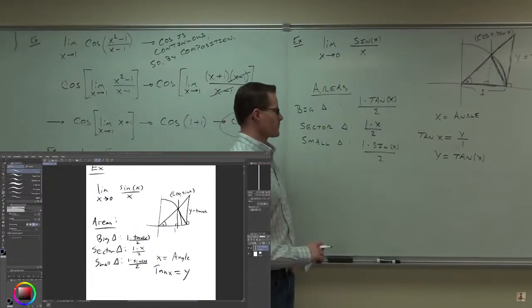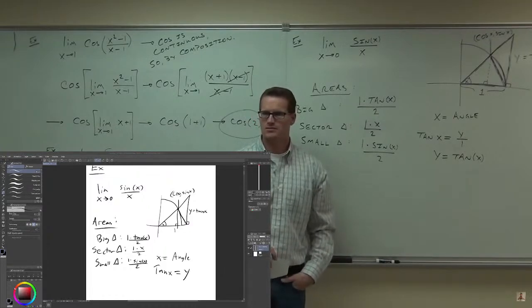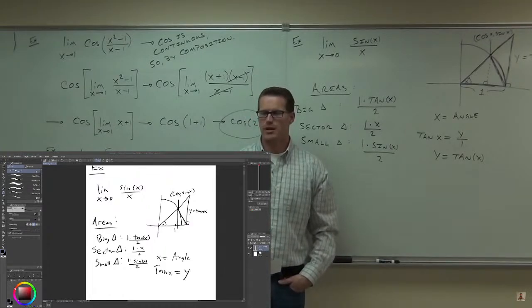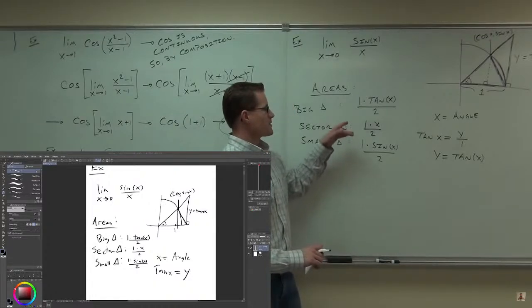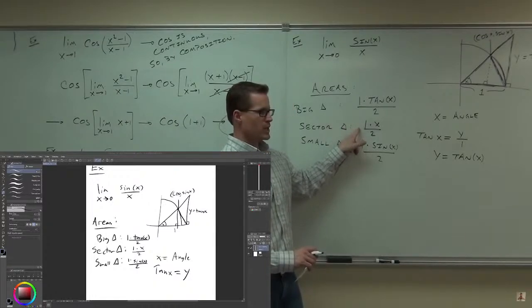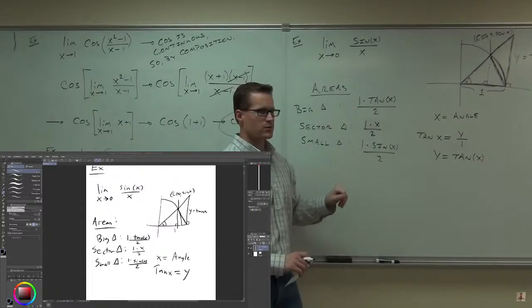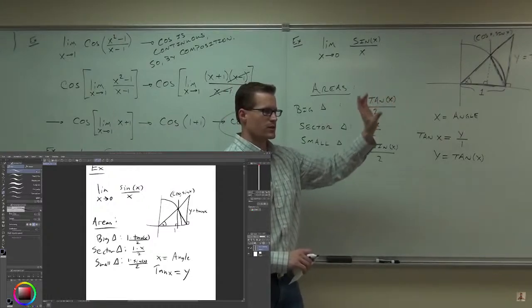You ready for the math magic? But you have to agree that the area of the sector is in between the areas of the big triangle and the small triangle. So it goes big triangle, then sector, then small triangle.